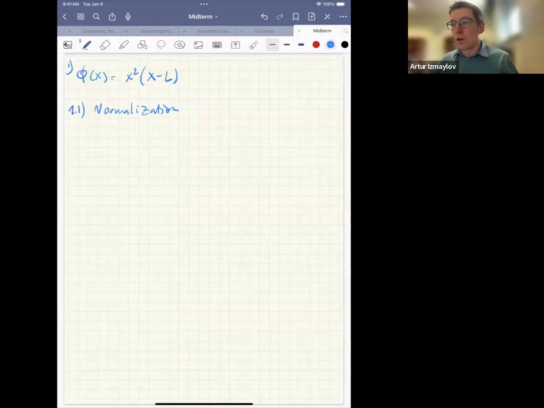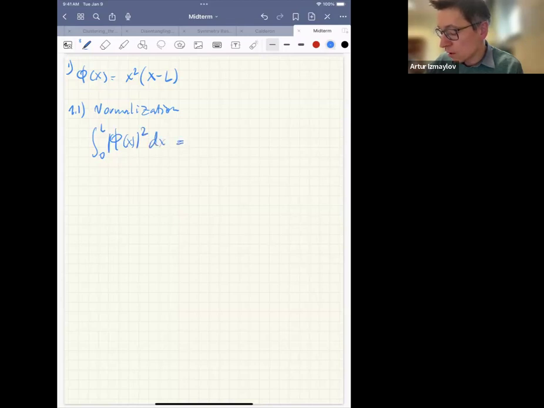So how do we normalize this function? We take the integral from 0 to L of phi of x, don't forget the square, dx. That would be the normalization factor, N squared.